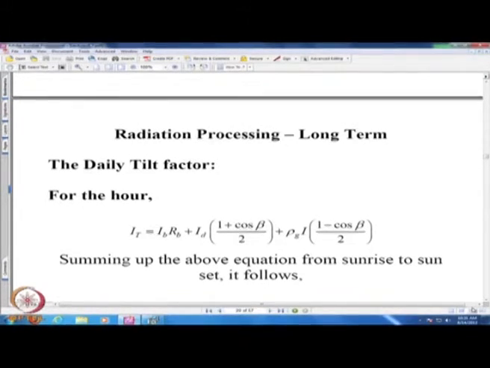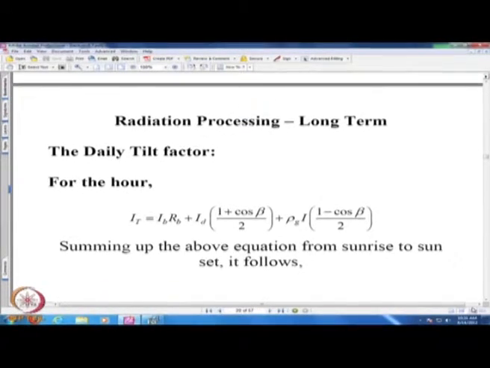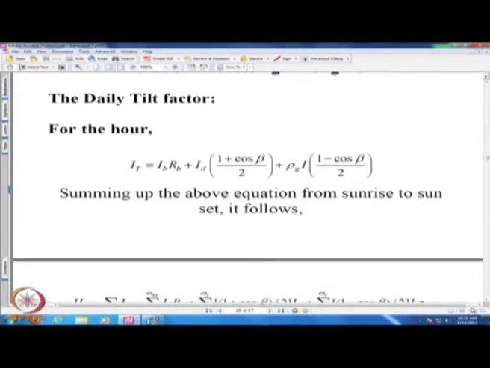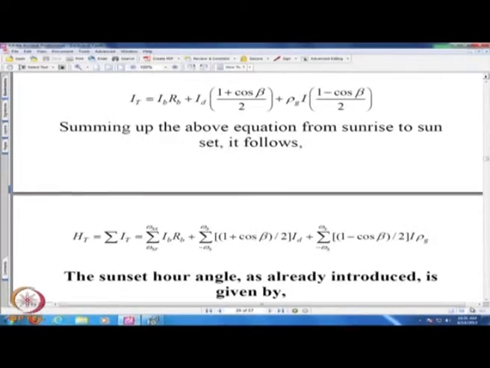This is for the hour which we have already stated, and if we sum up from sunrise to the sunset, this is what we will get, which we designated by H t, the solar radiation received by the tilted surface over the day, as the summation of the hourly components, which comprises of summation of the direct radiation plus the summation of the sky diffuse component plus the summation of the ground reflected component.